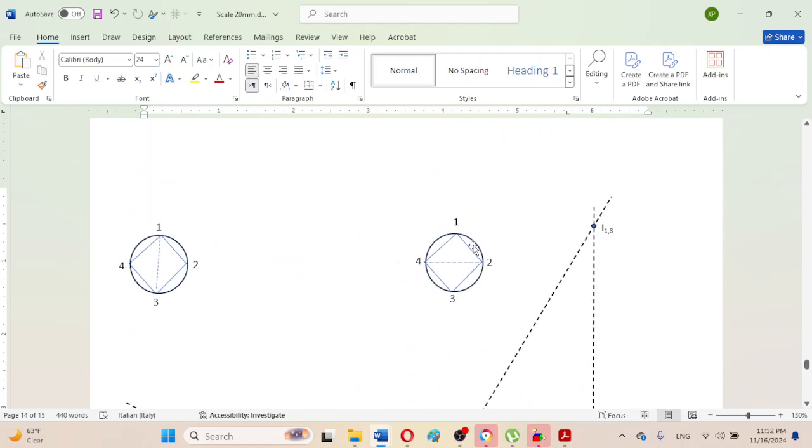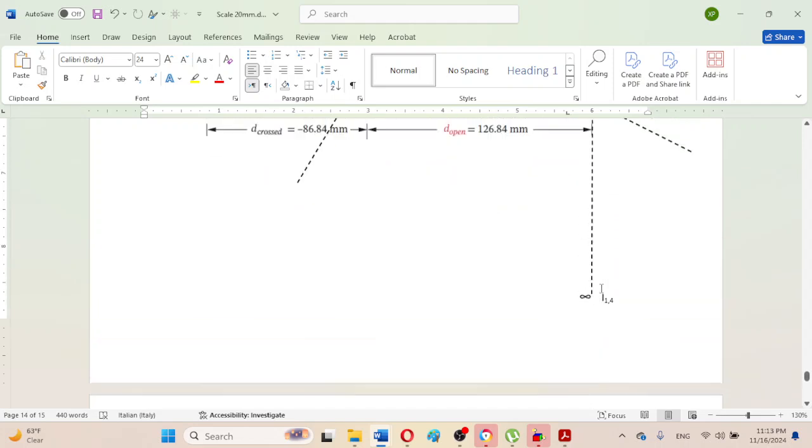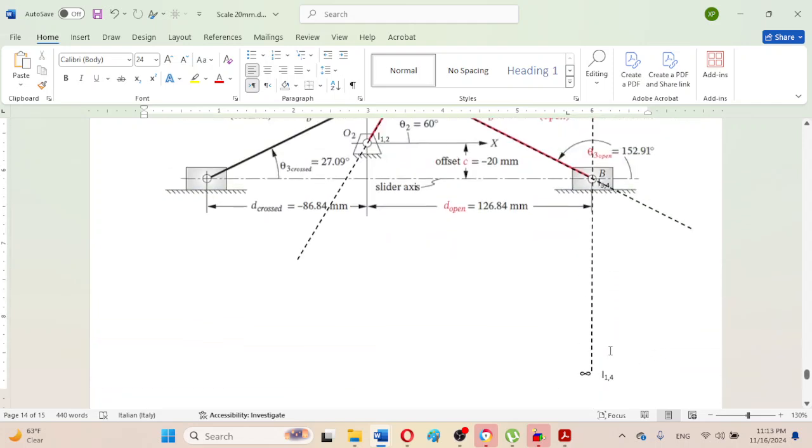Now we can observe that the exact location of the instant center 2 comma 4 will be located by using this upper triangle, which is actually on the line connecting the permanent instant centers 1 comma 2 and 1 comma 4. As we can observe in the diagram, this is the permanent instant center 1 comma 2 and this is the permanent instant center 1 comma 4.